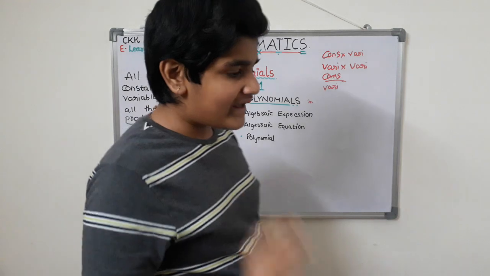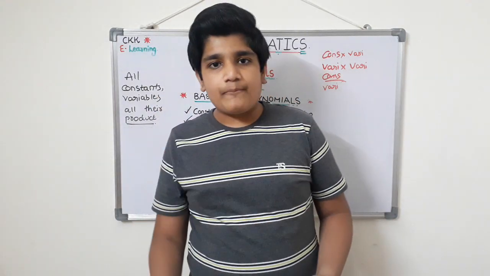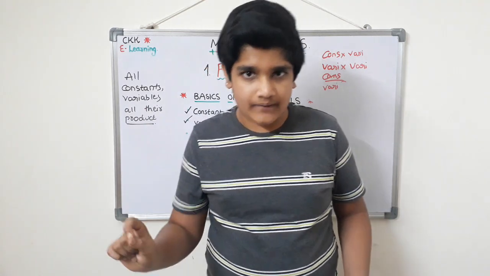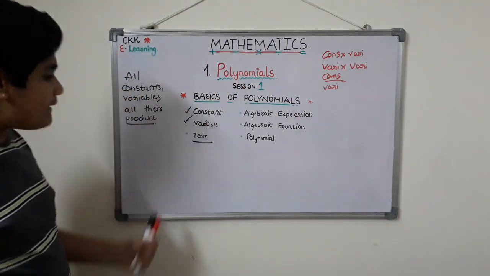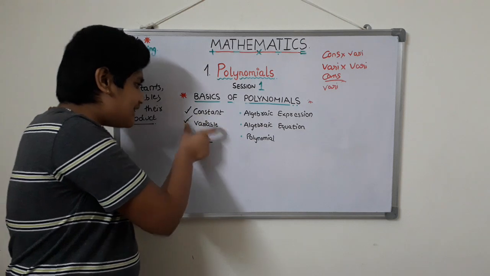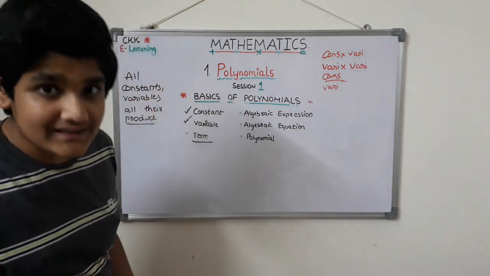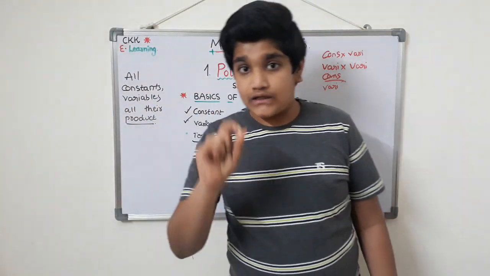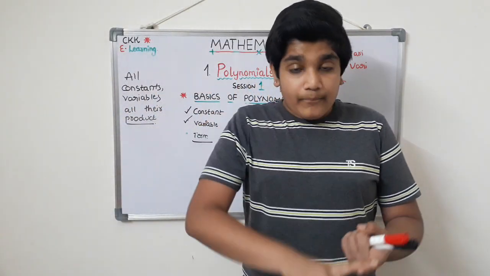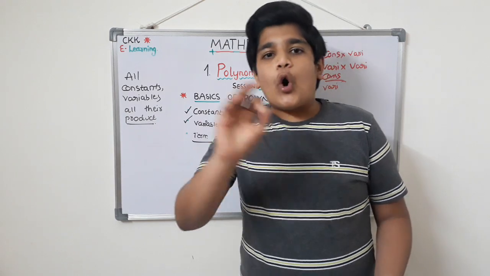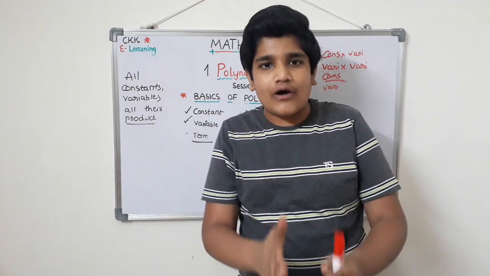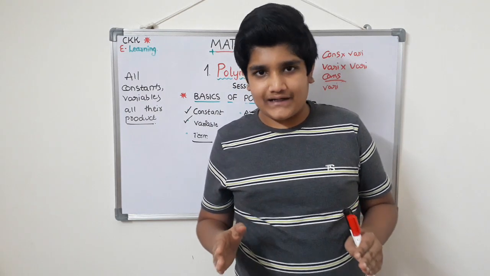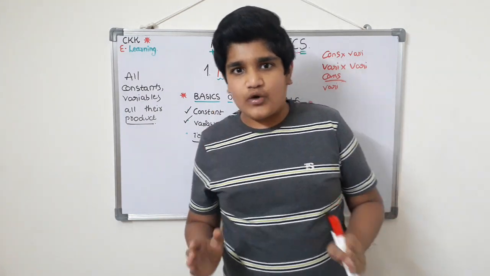But remember very carefully, addition and subtraction are not considered here, only multiplication and division. When we multiply or divide a constant with a variable, a constant with a constant, or a variable with a variable, that is called a term. Product means multiplication or division. You should not bring in addition and subtraction. You have to understand this point very clearly.